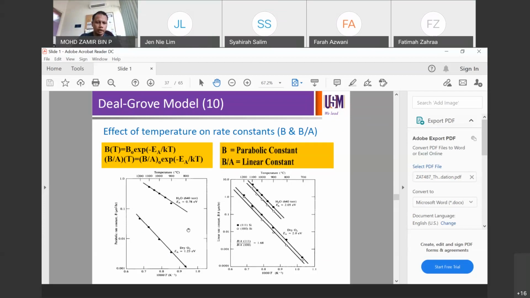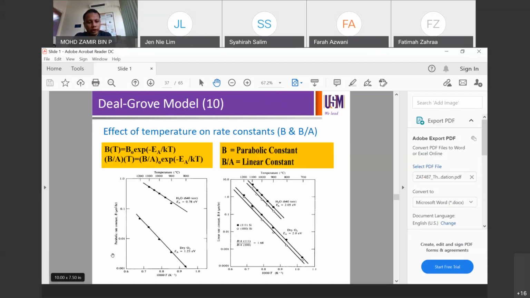In these two graphs, you can see the dependence of your parabolic rate B or linear rate B over A against different oxidation temperature. If you look at the x-axis in both graphs, the left hand side is where you run your process at a higher temperature, and the right hand side is where you run the process at lower temperature, because the axis is 1000 over T. So the higher the temperature, the more left you get.